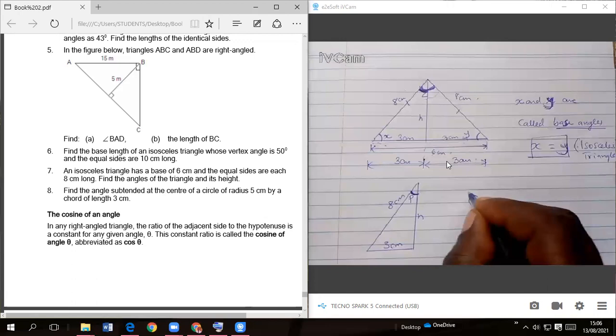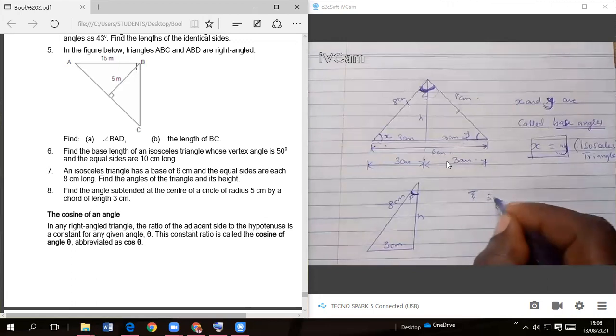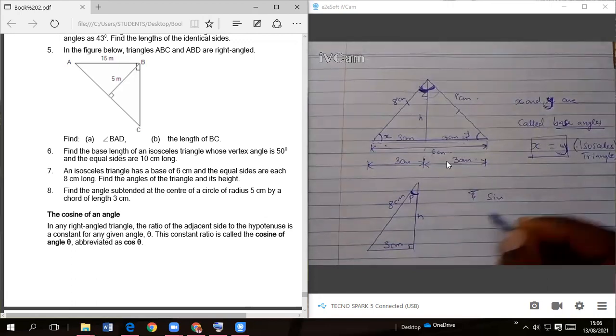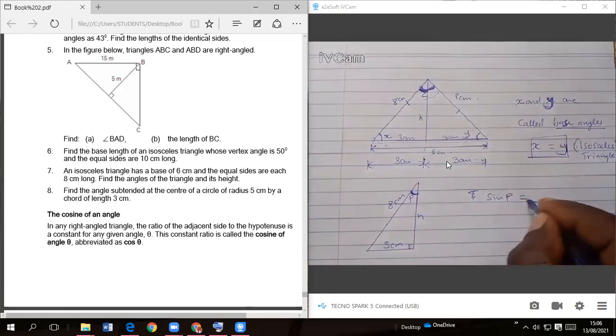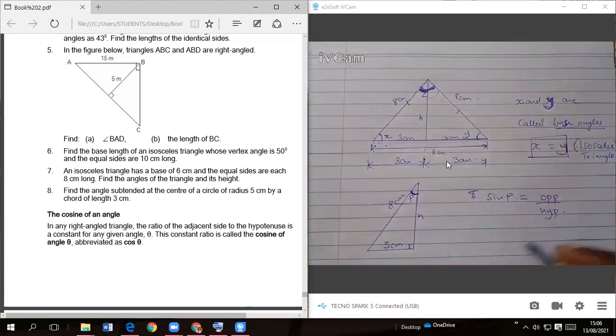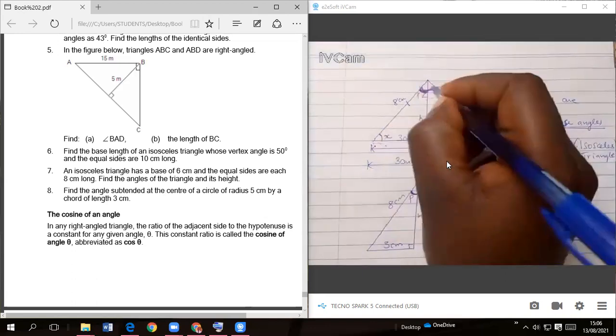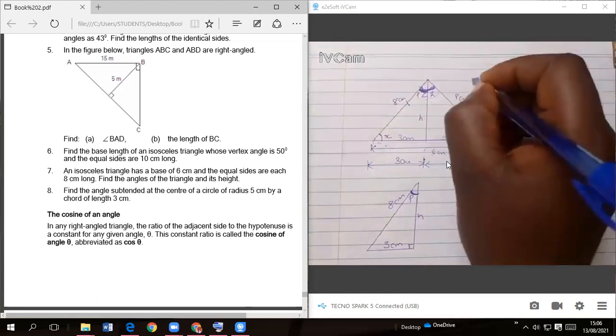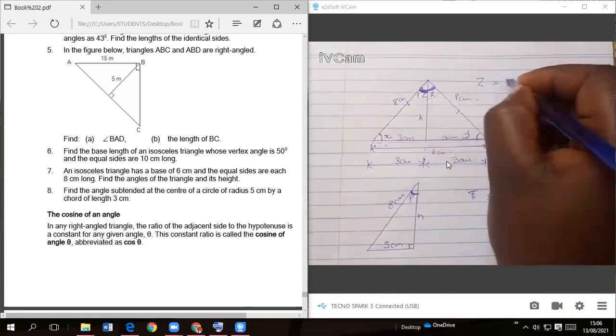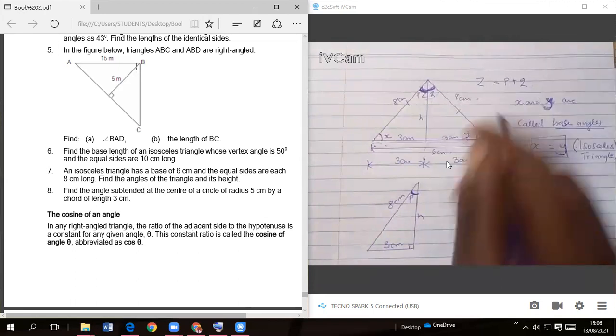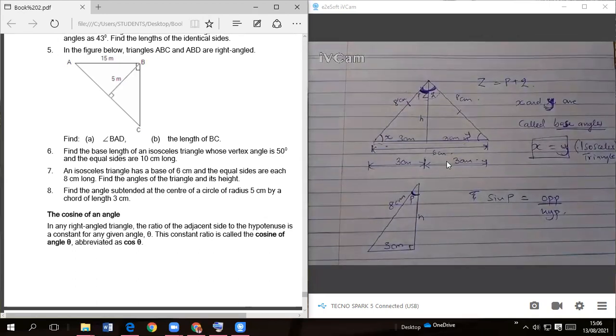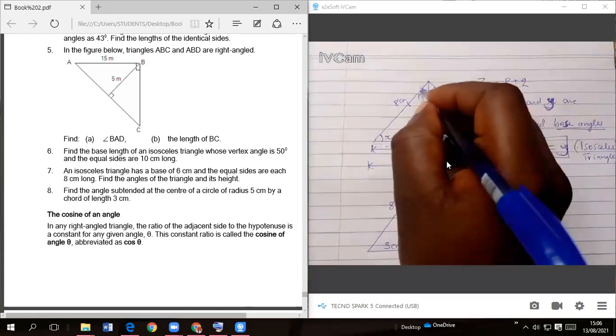So we can say sine of P equals the opposite over the hypotenuse. So I've called this one P, I'll call this one Q, such that my Z will be equal to P plus Q. Z is the overall angle here.